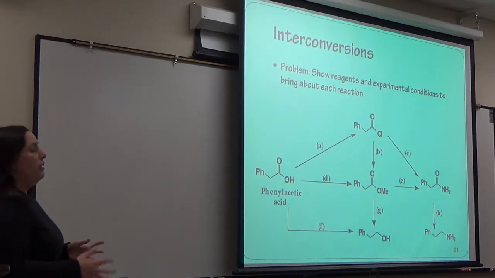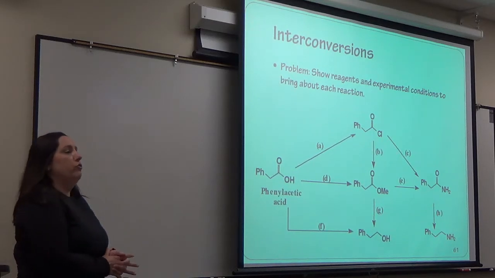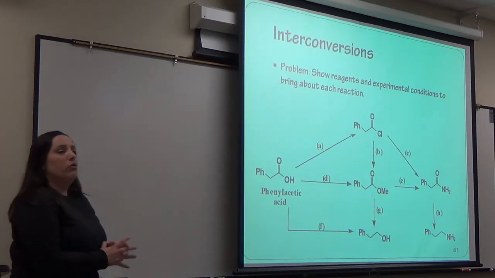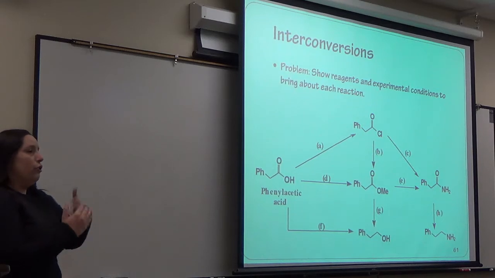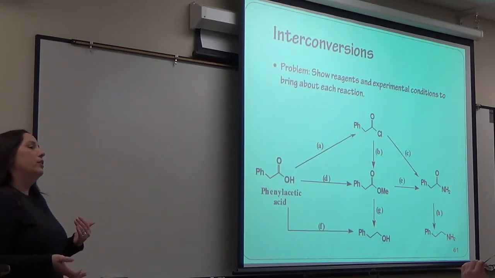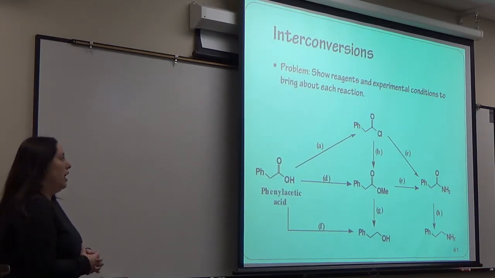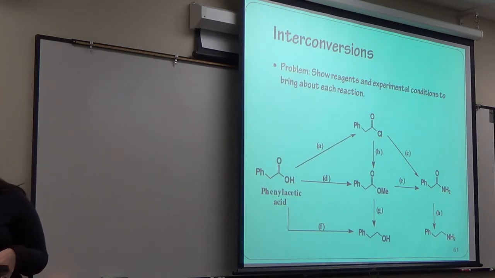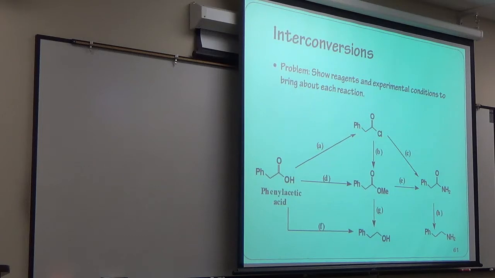When you really look at all of these reactions that we went over in this chapter, they are just converting one group into the other. I thought this was a good summary slide to show you that. The letters listed there, A, B, C, D, E, F, G, H, are the reagents that you would require for these interconversions. So I just wanted to go over that with you.